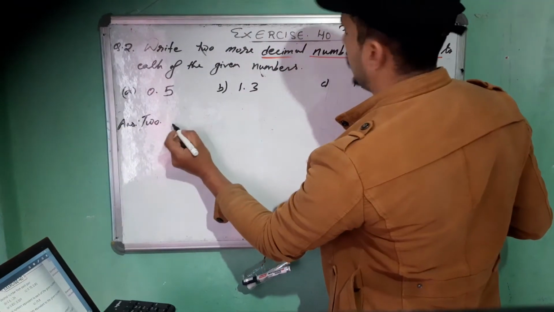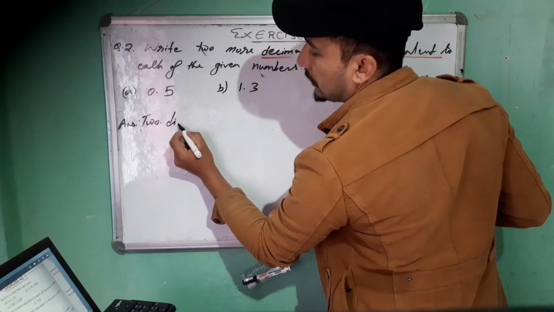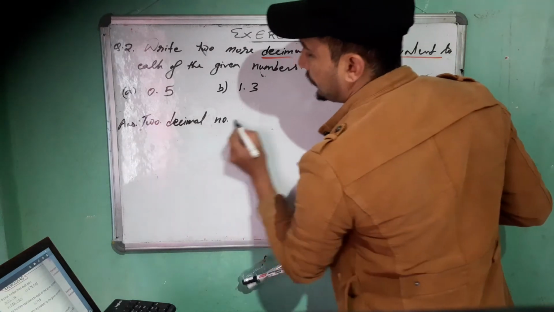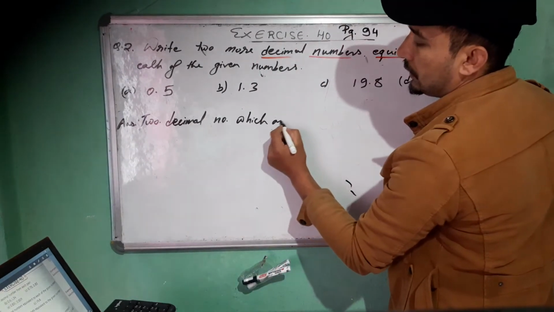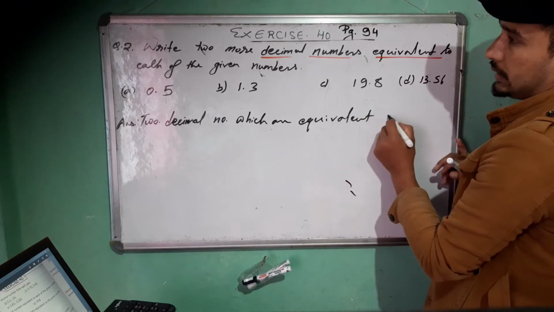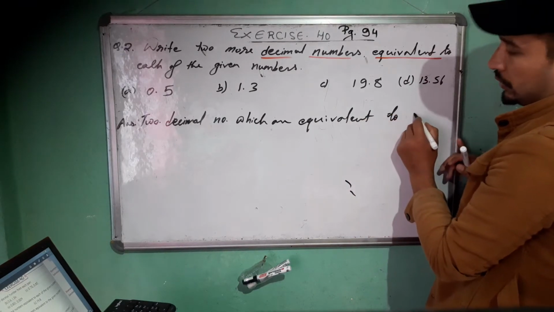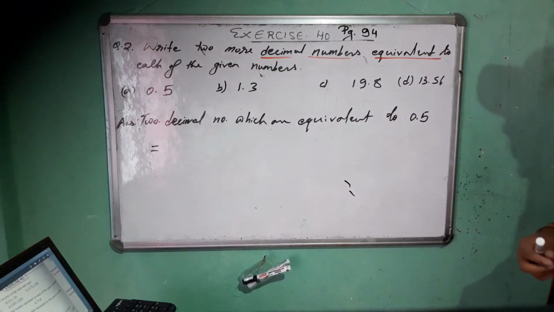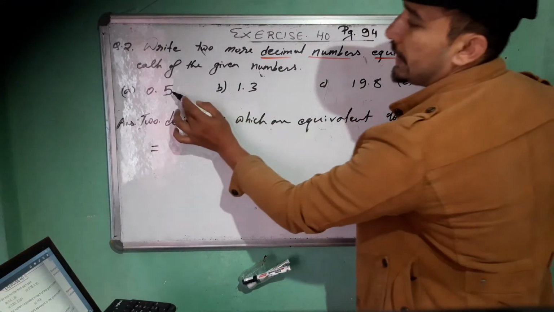2 decimal numbers which are equivalent to 0.5 is equal to, you have to put 0 just behind this.